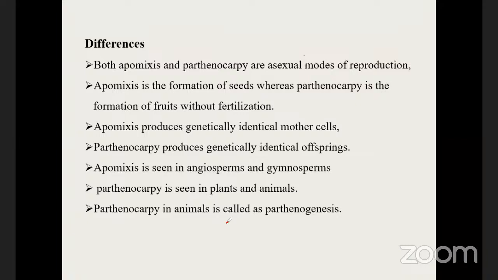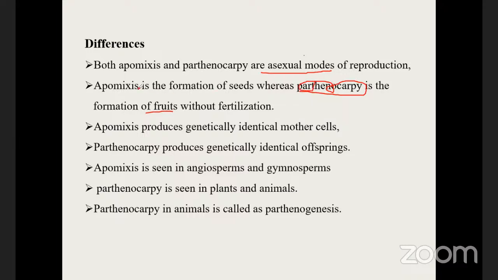What are the differences between apomixis and parthenocarpy? You see, apomixis and parthenocarpy both are asexual methods, but need a sexual organ, the ovule. Apomixis is the formation of seed, whereas parthenocarpy is the formation of fruit without fertilization. Parthenocarpy: carpy means fruit. Formation of the fruit without the fusion, without the fertilization.